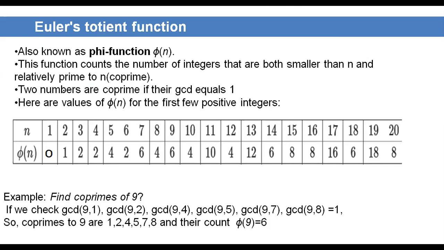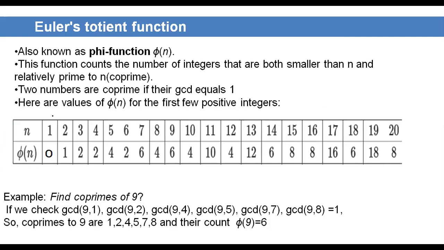If you see this table, if n is equal to 1, phi of 1 means 0, because below 1 there are no elements. Now if n is equal to 2, below 2 there is 1. So the co-prime of 2 is only one number, so phi of 2 is 1.